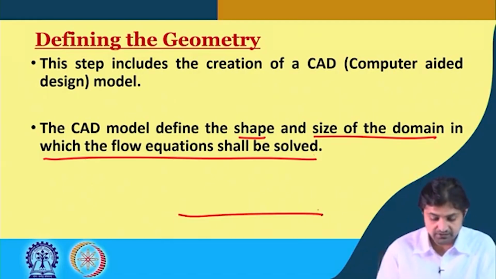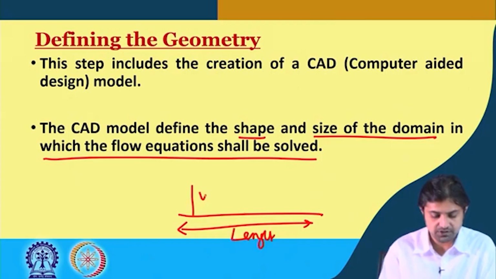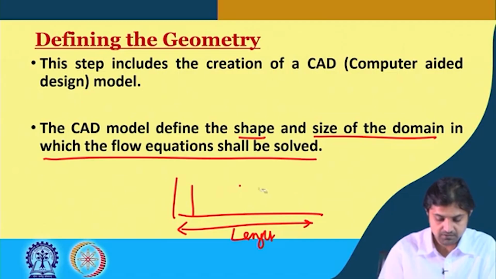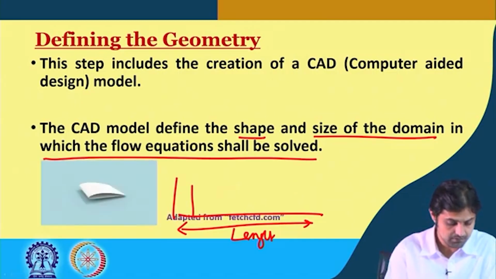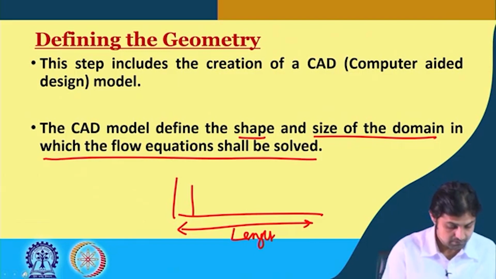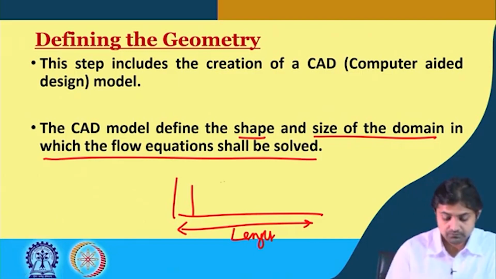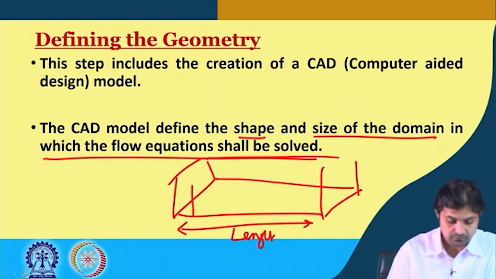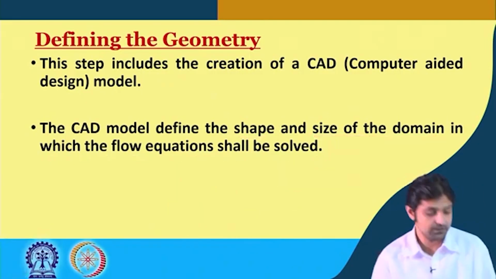So what would be the length, what would be the depth of the tank, and also the width in 3D. Understand? The shape and the size of the domain.